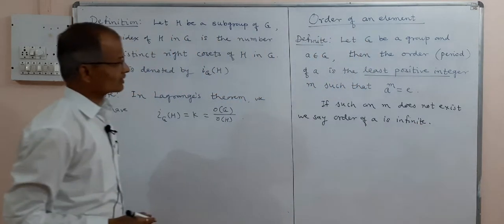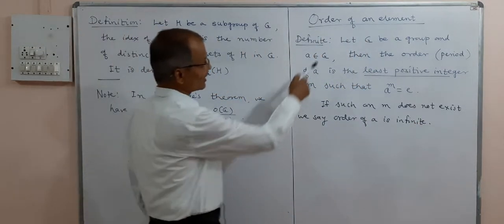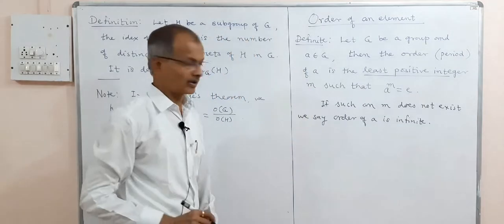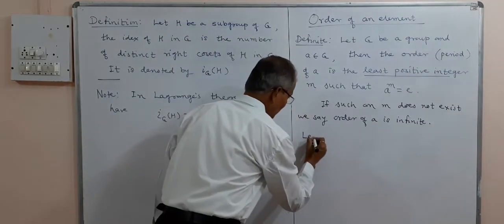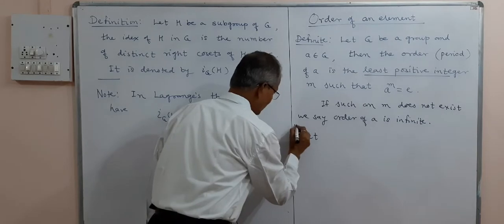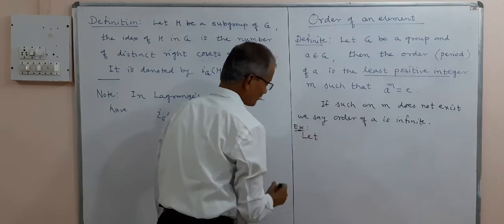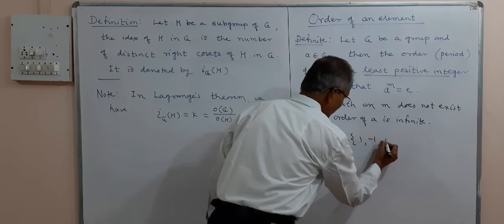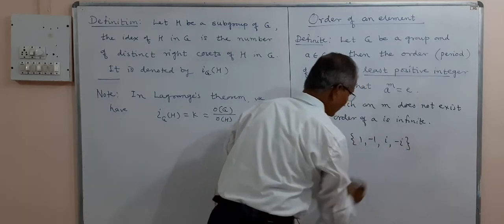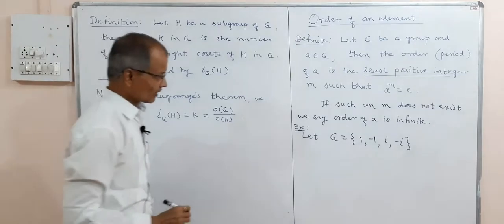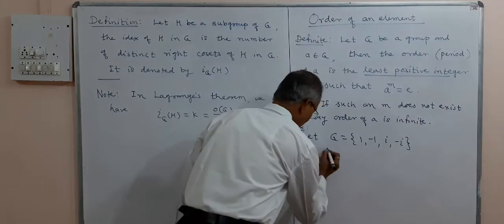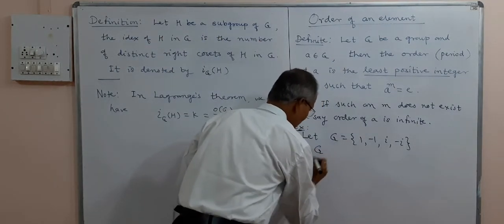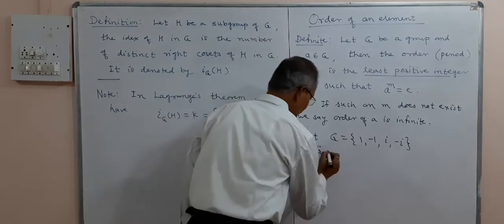Now we shall consider an example to understand the meaning of the order of an element. We consider the example as earlier. We take G as a finite group, G is a group under multiplication.